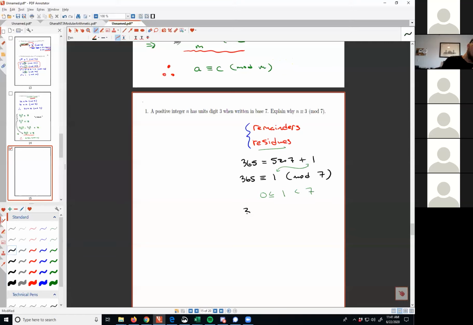Now 365 is congruent to a lot of things modulo 7. All those integers, 365, 358, 8, 1, are equivalent modulo 7, but the only one of those that is a residue is 1. So residue is kind of like remainder, just thinking in terms of modular arithmetic. I want to make sure that everybody understands that terminology.